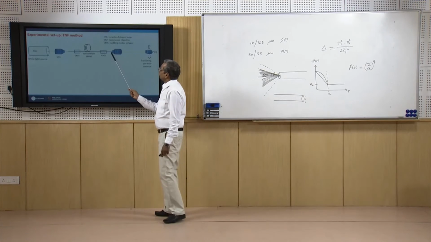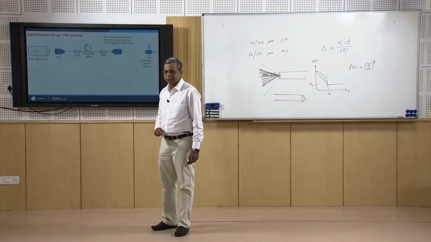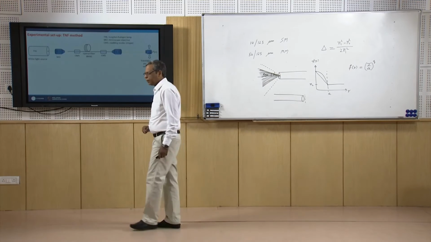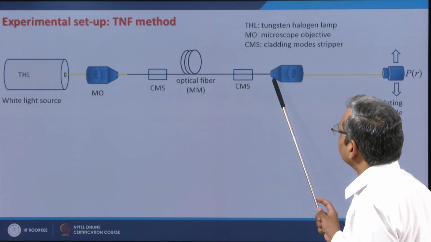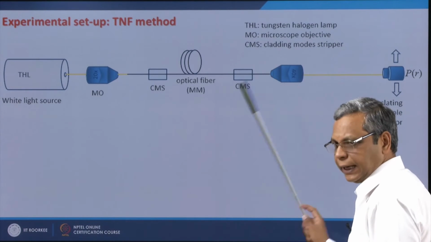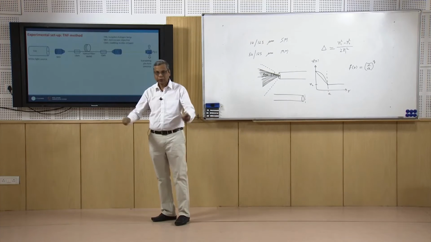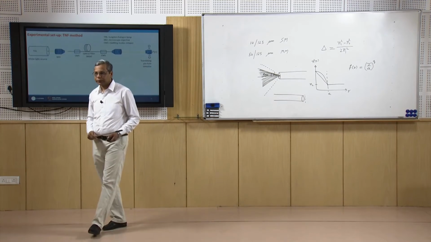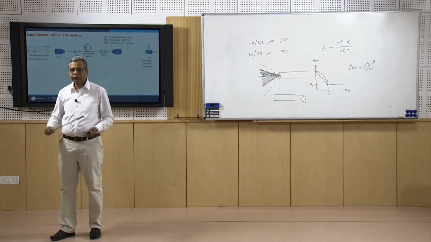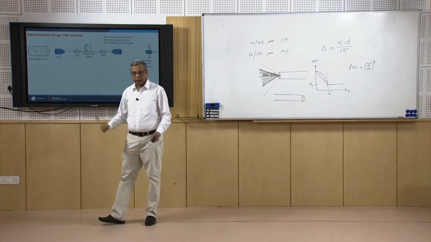Then at the output end I use a 40x objective whose focal length is very small, about 2 millimeter or less, so that I can capture light from the output end as it just exits. I do not let it propagate. If I let it propagate, then whatever I capture would not be the near field, but it would be the diffracted pattern. So, it would be the far field.